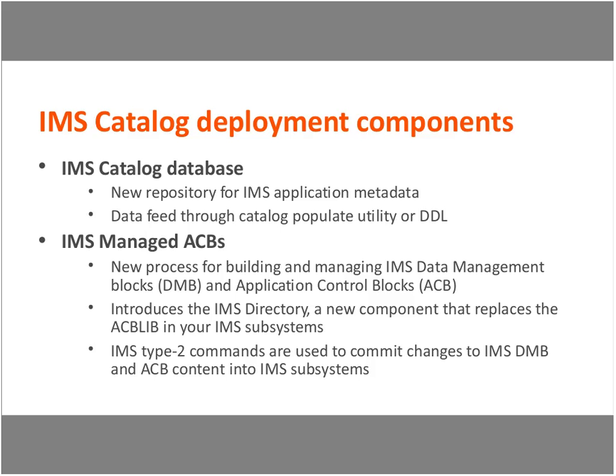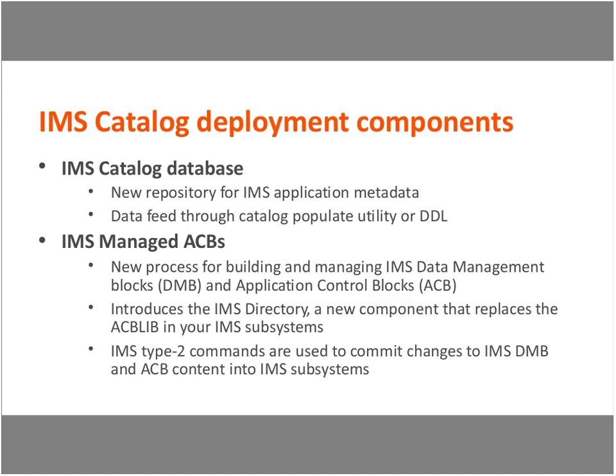So when you talk about managed ACBs, how is it supported? Well, it's supported via a number of PDSE datasets, and those PDSE datasets contain similar format control blocks like ACB Lib contained, and it must be in sync with the catalog.